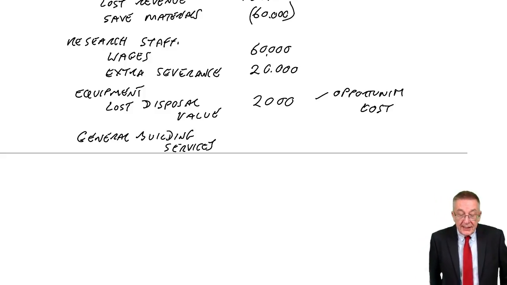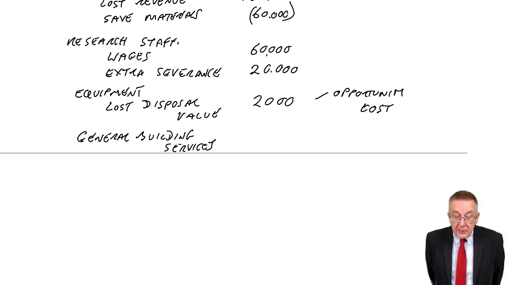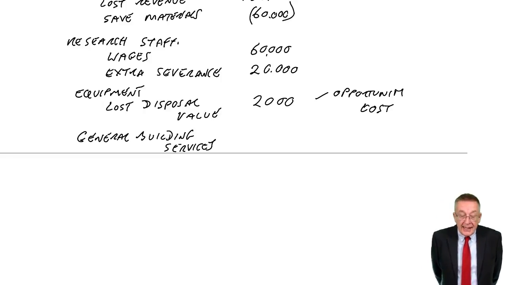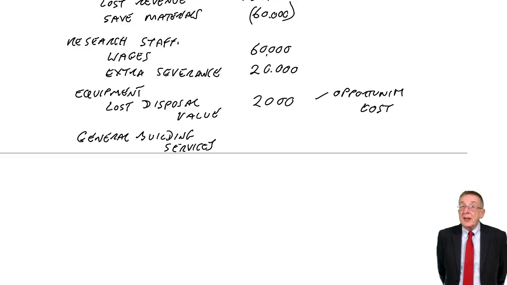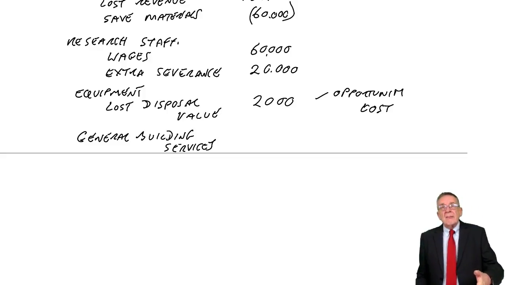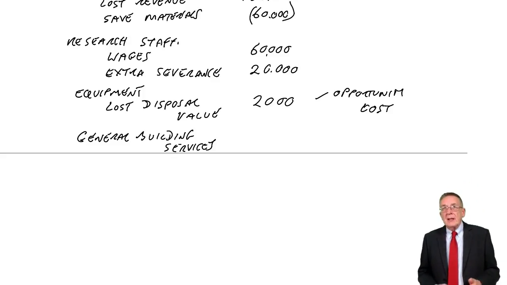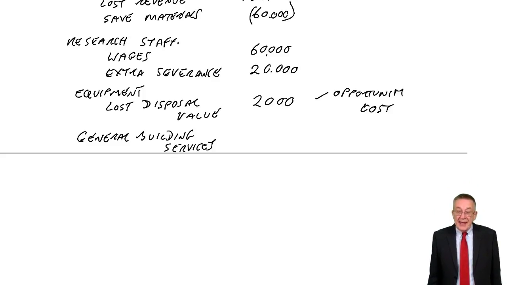Immediately the project is discontinued, the space occupied by the project could be sublet for a rent of £7,000. What does that mean? If we stop the project now, we can rent out the space for £7,000.